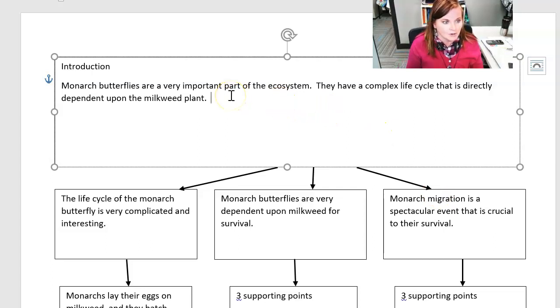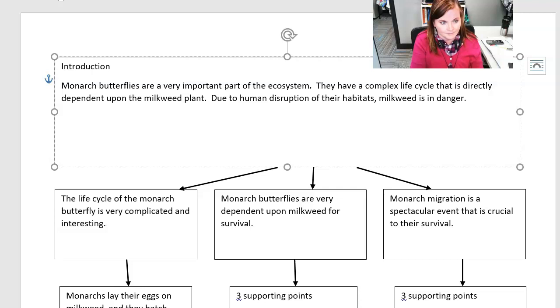So here I would just summarize that it's directly dependent upon the milkweed plant due to human disruption of their habitats. Milkweed is in danger. Humans also have negative impacts on the migration of monarchs.